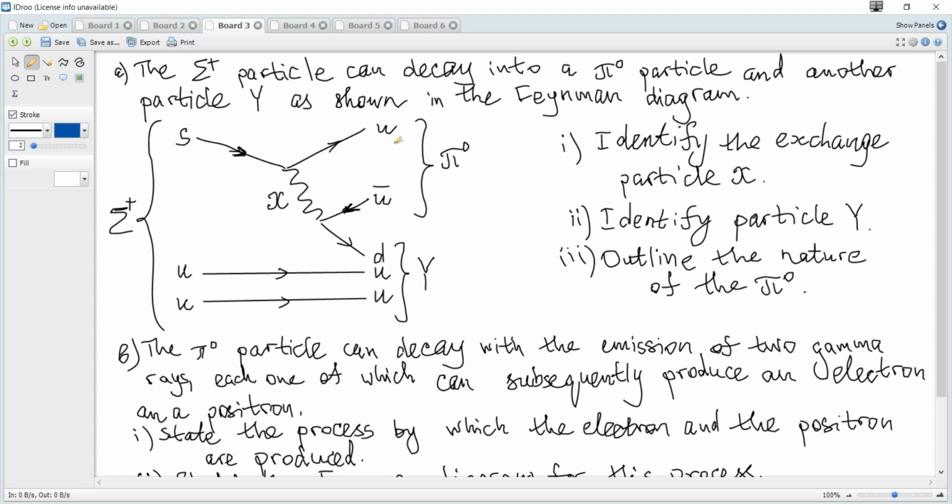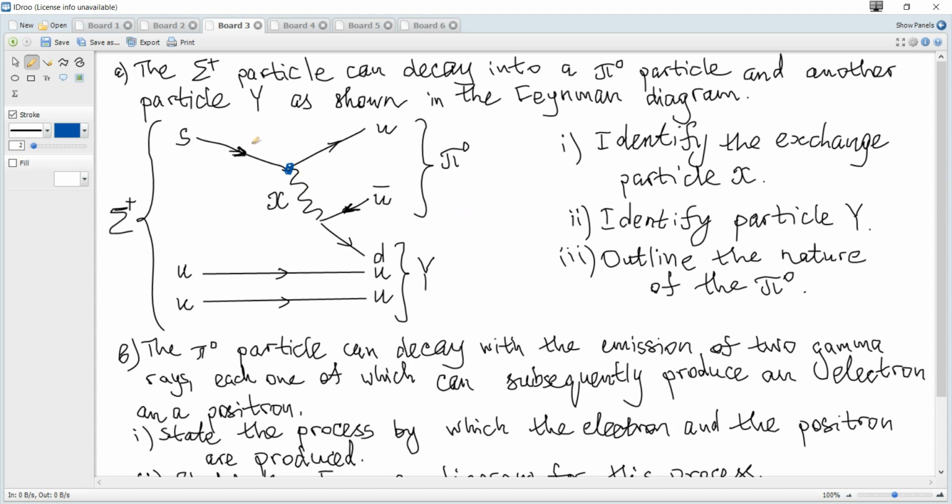And it's possible only for the weak interaction, and possible exchange particles are W plus, W minus or Z0. To find out which particle is here, we can consider any node, for example this node, and charge must be conserved. It means total charge in should be equal to total charge out.